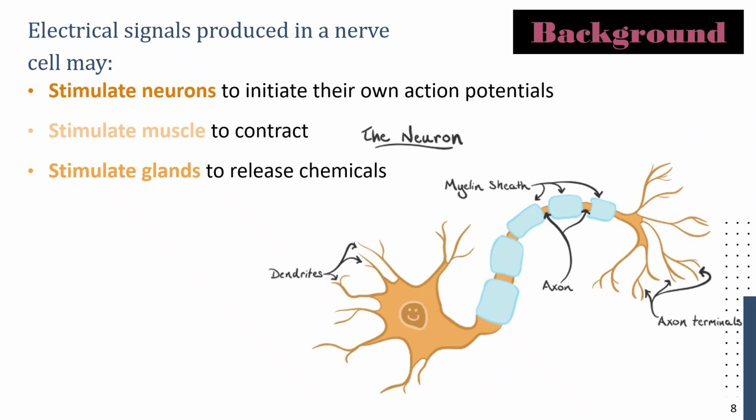Your nerves can also send electrical signals to stimulate your muscles to contract, and also to stimulate your glands to release chemicals. So really anything that needs to happen in your body is a result of your nervous system sending a signal and causing a change in one of your tissues.